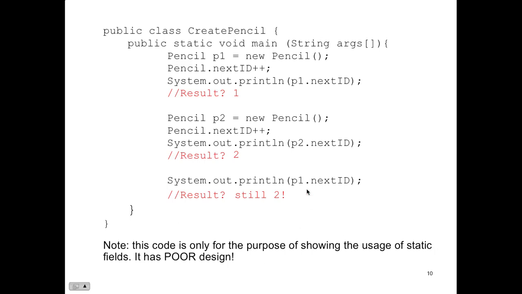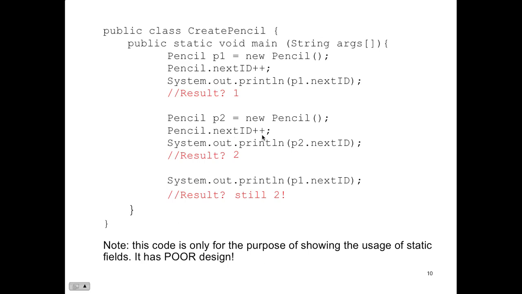So note this code is only for the purpose of showing the usage of static. This is poor design. This is very poor design, because we wouldn't be doing pencil.nextID out here in the driver. We don't want to do anything in the driver but create some instances of some objects and then have the objects work with themselves. We're doing object behavior, actually class behavior, outside of the class in the main program.